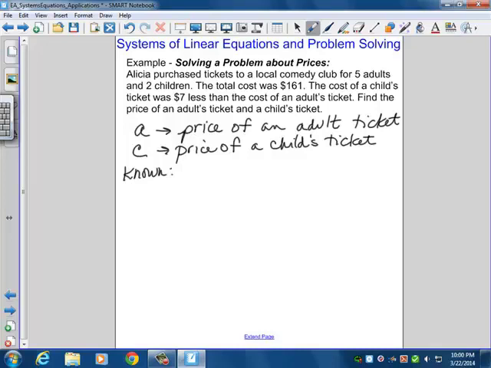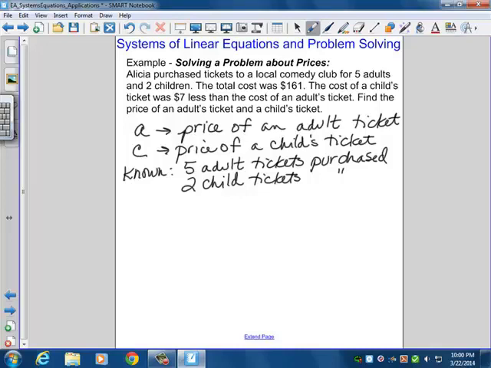I know that 5 adult tickets were purchased. I also know that 2 child tickets were purchased.